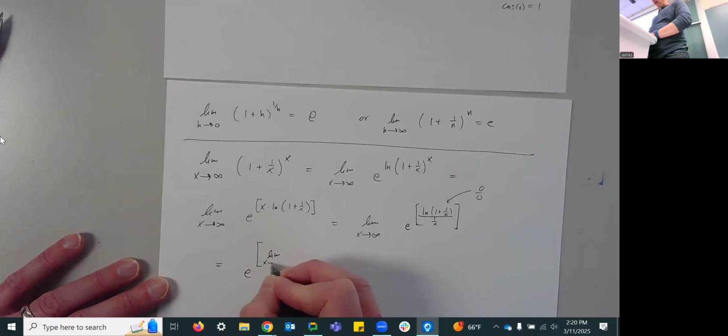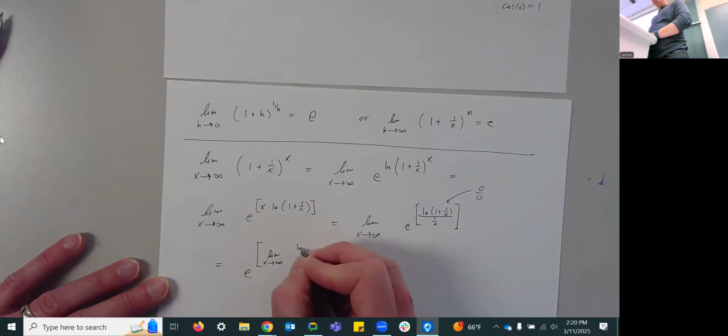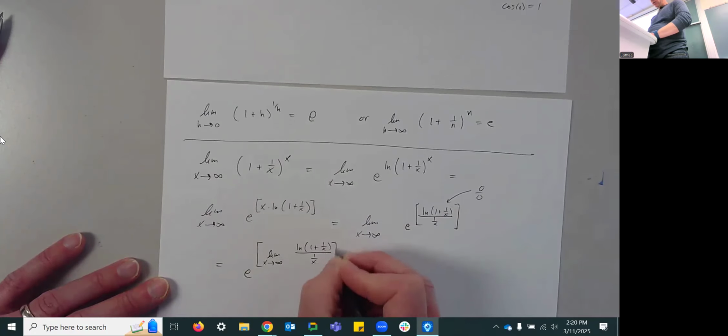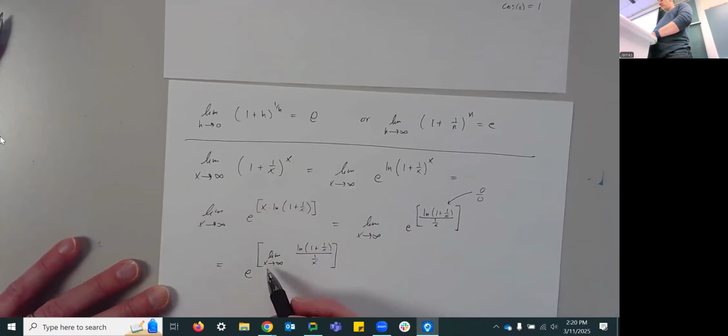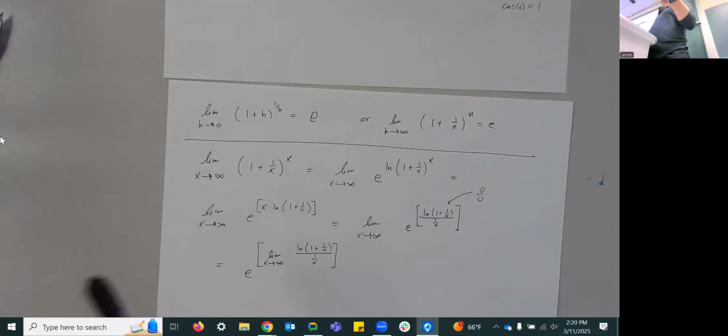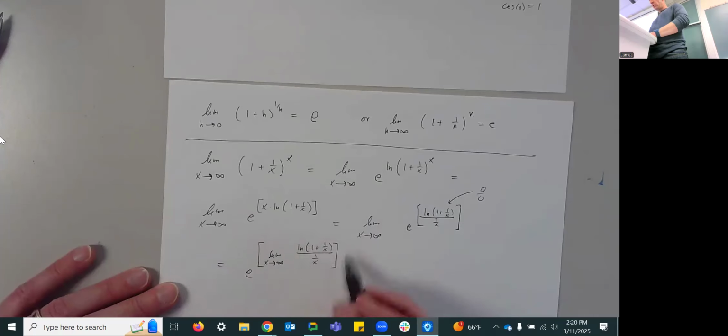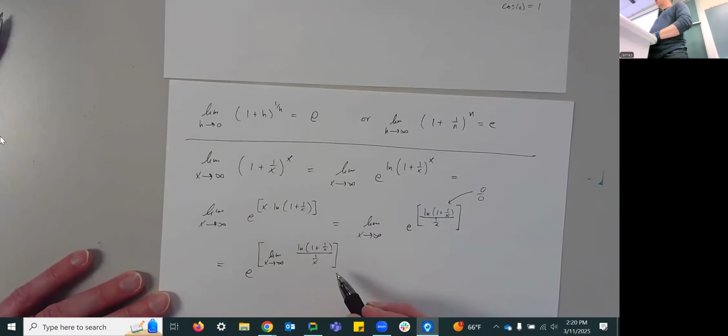People usually skip writing this step, but you can write it. So this is equal to e to the limit of natural log of 1 plus 1 over x over 1 over x. And now finally, we can use L'Hopital's rule because this fraction is a 0 over 0 type.